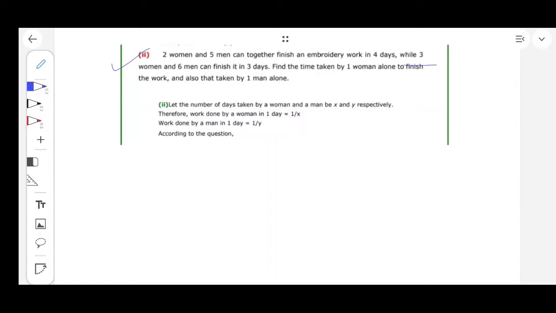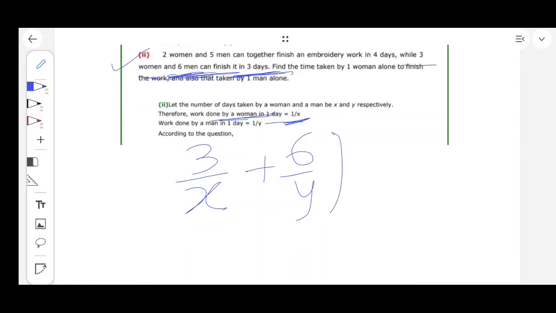Now 3 women and 6 men can finish the same work in 3 days. Okay, that means 3 women, 3 upon x, because a woman can do work in 1 day 1 upon x, so 3 women can do 3 upon x, plus 6 men 6 upon y, and work would be finished, one work, in how many days?